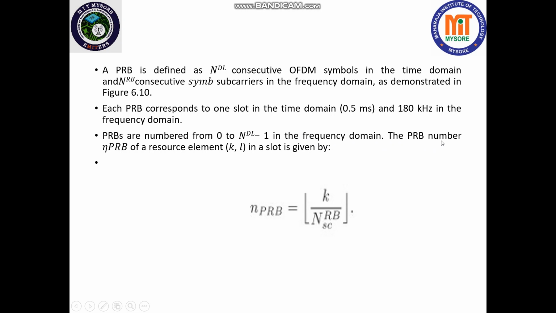The physical resource block number n_PRB of a resource element (k, l) in a slot is given by this equation, where k is the index, divided by the number of resource block subcarriers. It will give you the number of the physical resource block we are actually referring to. These things are already discussed, you can go through it.